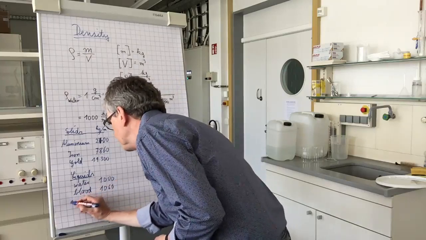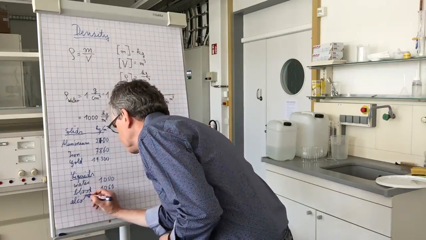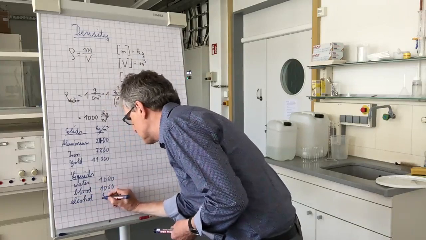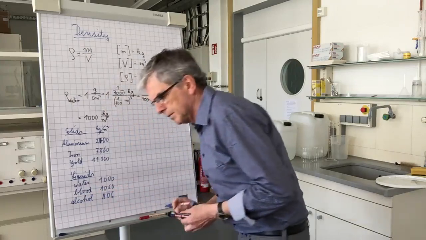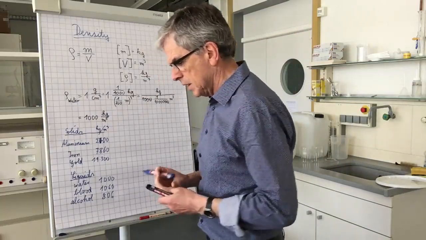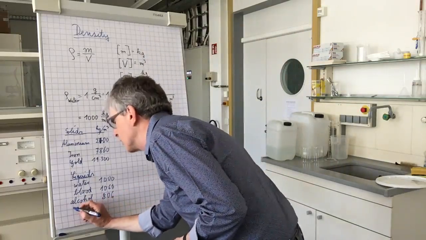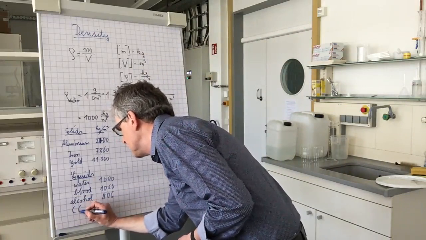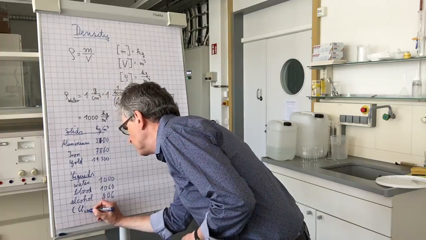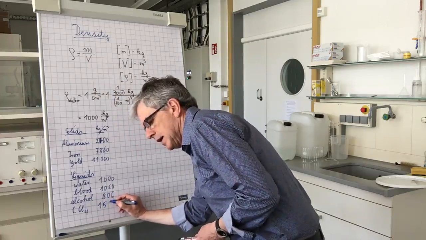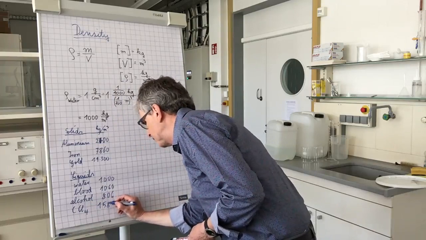Alcohol is 806, and carbon tetrachloride, that is CCl4, is 1,587.